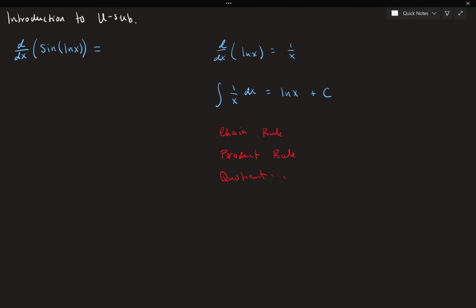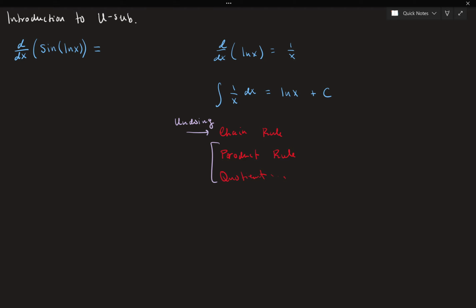Not all of your derivative rules have antiderivative rules that are just the opposite. This question is explored further in BC, Calc BC or Calc 2 or whatever it is. But the one we're going to look at is chain rule. U-sub is going to be undoing chain rule.